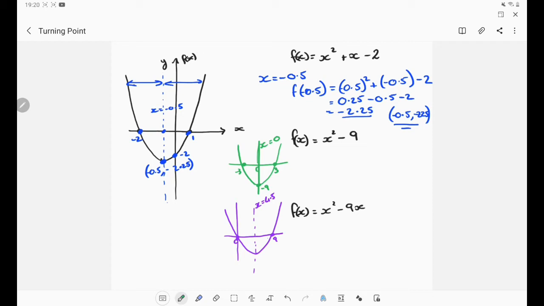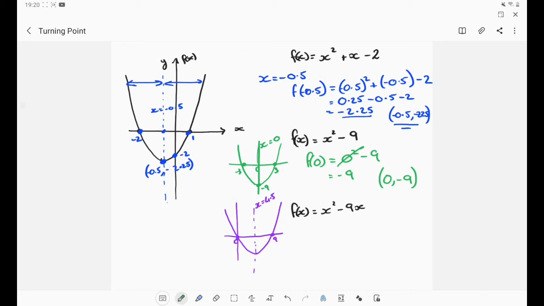Okay, looking at the next one, we have our axis of symmetry is x equals 0. So we're going to be finding f of 0 equals 0 squared, take away 9. The 0 is going to disappear and you're going to be left with -9. So out comes your coordinate x, y, or f of x, 0, -9.